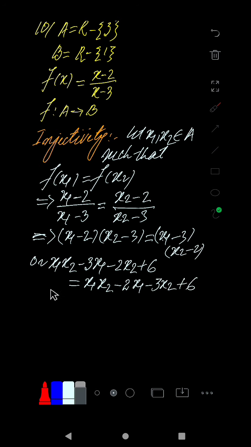Now clearly from the right hand side and left hand side, x1x2 and positive 6 on both sides are cancelled with each other.